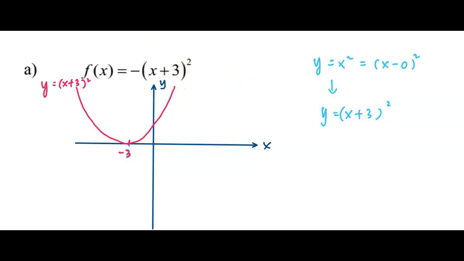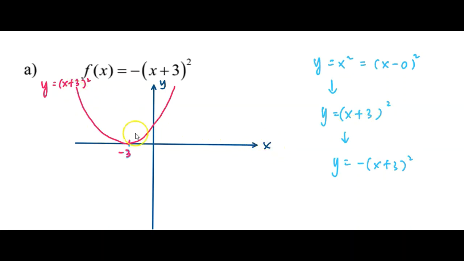Now, from this graph of y equals (x plus 3) squared, I'm going to sketch the graph of y equals negative (x plus 3) squared. When you multiply y by negative 1, the graph is reflected about the x-axis.